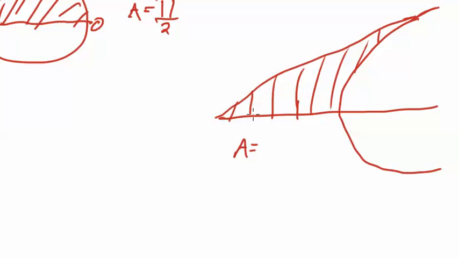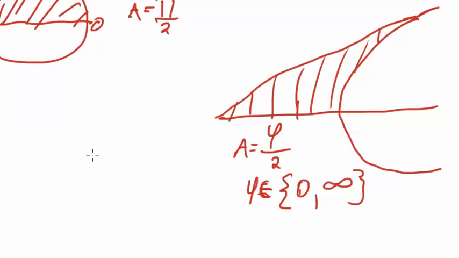So the area of that segment is going to be phi over 2, regardless. And phi has a domain: it's a member of the set 0 to infinity, so it can go as high as you want.